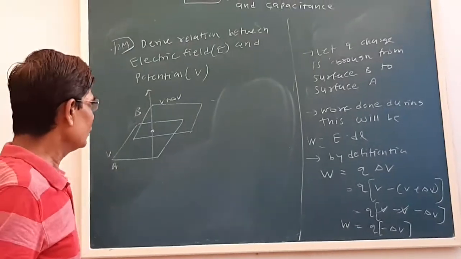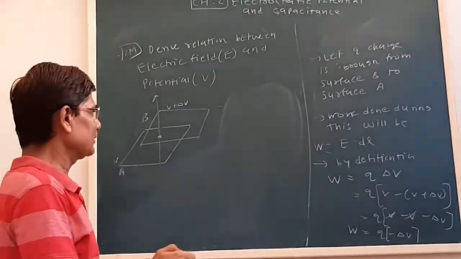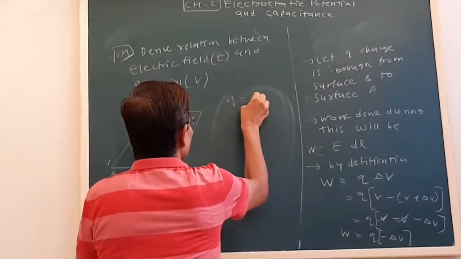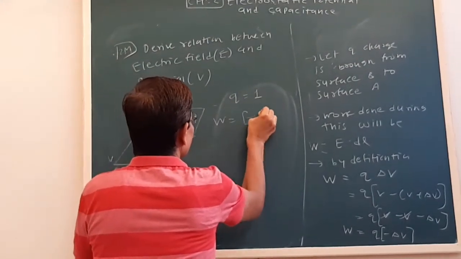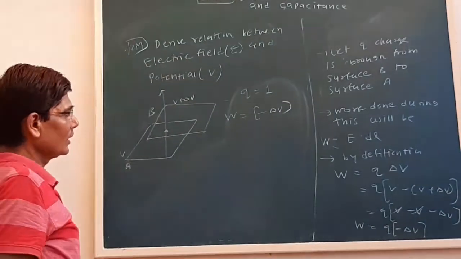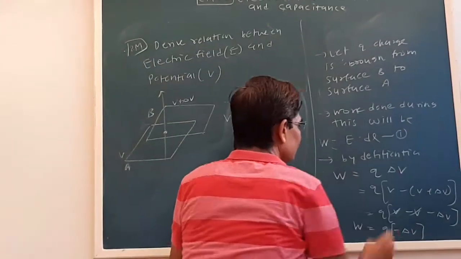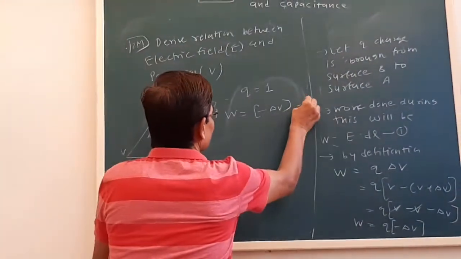By definition, potential is the work done in bringing a unit positive charge. So if I take Q is equal to 1, then W will be minus delta V. This also shows the work done, and this also shows the work done.